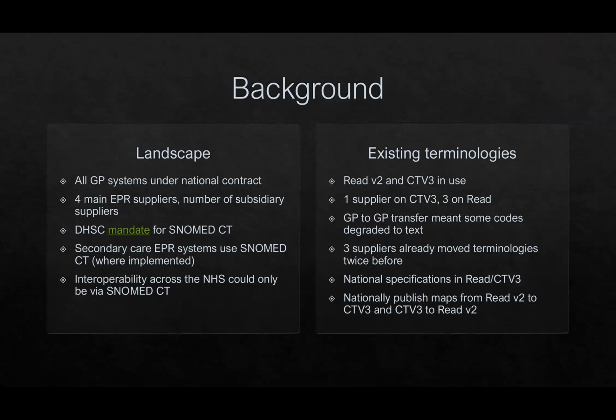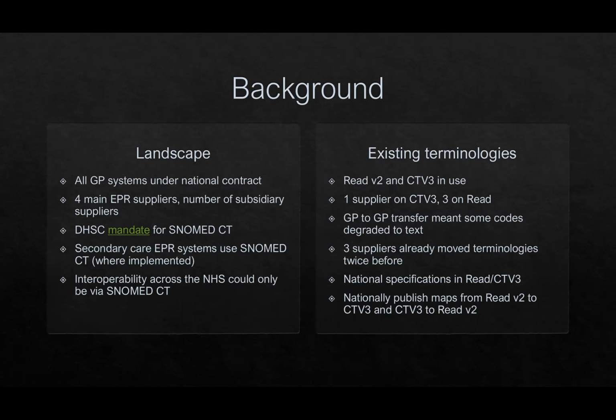But if you were in a practice that used a system with CTV3 and you moved to a practice with Read version 2, then some of the coded data about you couldn't be put into Read version 2, and we call it degrade to text. So the challenge there is you had some information about you that a GP felt needed to be put in a structured, coded way, and all of a sudden it got degraded to text.